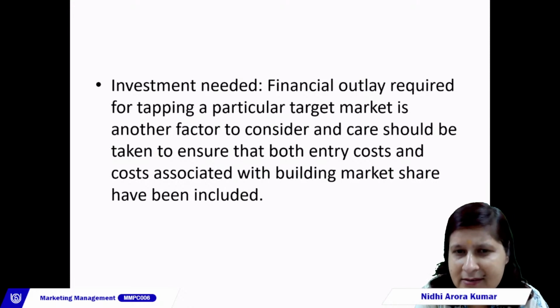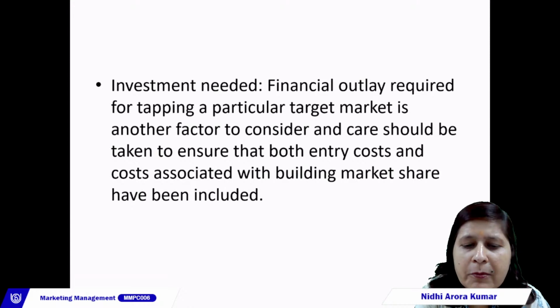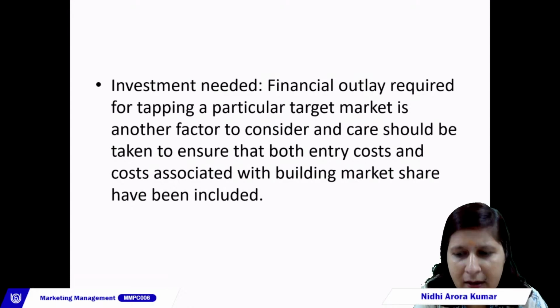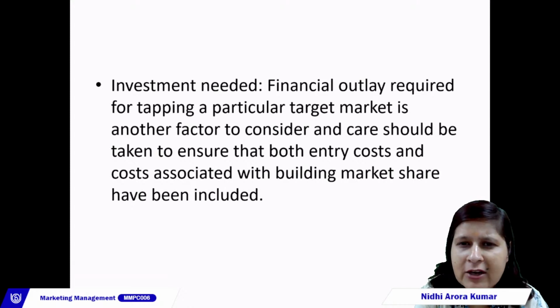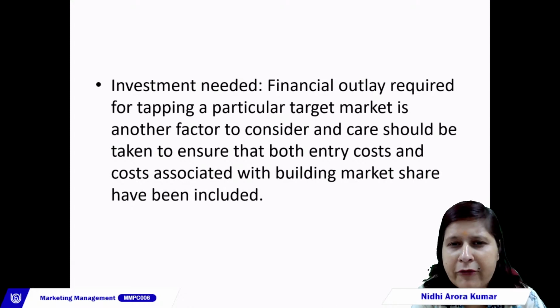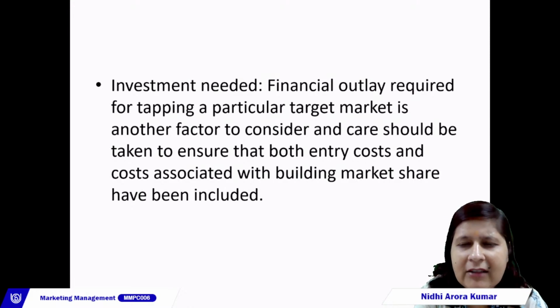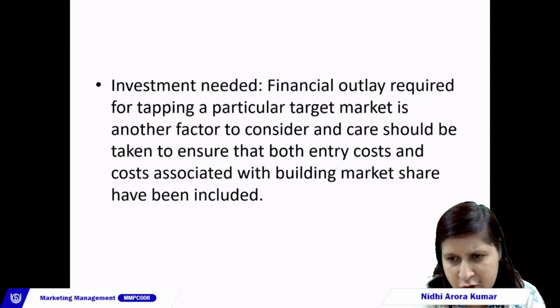What is the future of that target segment? What is the growth perspective of that target segment? Next could be the investment needed. How much cost is required to grab that target segment? It is very important that you should be well versed with your financial constraints or your financial capabilities. What could be your entry cost and the cost associated with building market share?